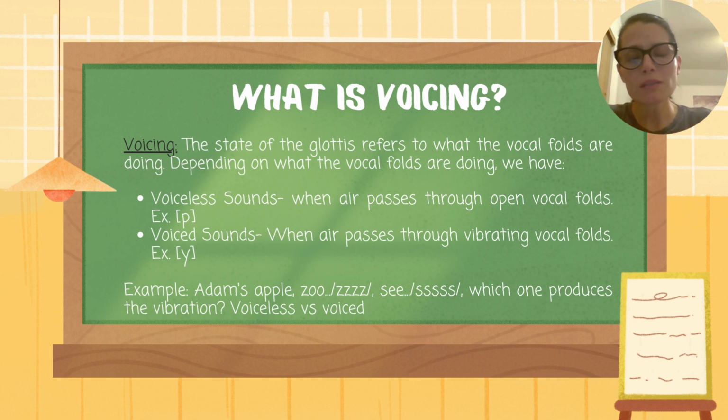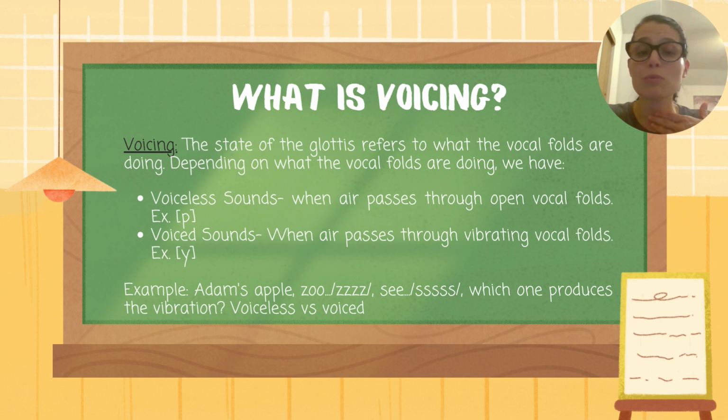Another example that is included in the book Teaching Pronunciation, Chapter 3, is when we can use the Adam's apple. In females we don't have an Adam's apple, but we can just point in the same area. And we can use two different words.